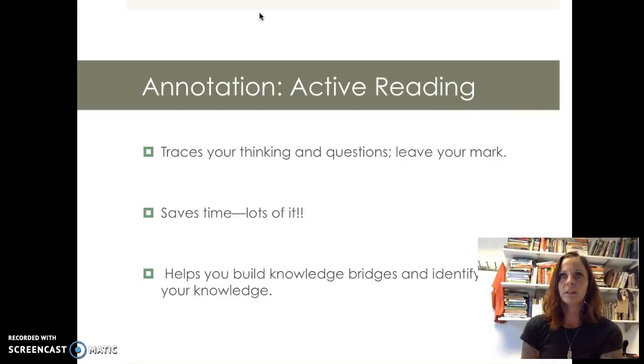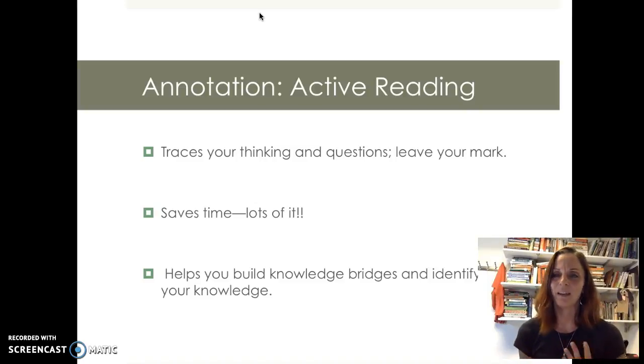So one of the first things is how to annotate. Annotation is the idea of taking notes while you're reading and actively responding. This will be really important for this assignment, but all your assignments as well. It helps because it allows you to trace your thinking and to leave your mark. If you read a whole bunch and then you do not write anything and you wait a day or two and go back to that book, you won't remember what you read.